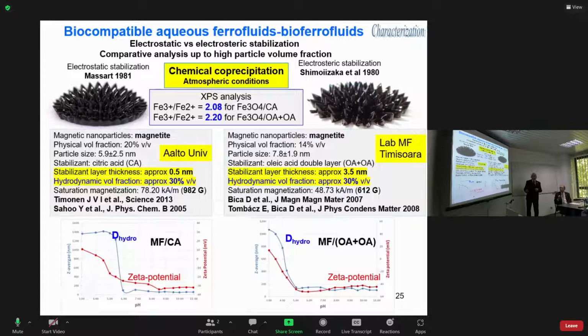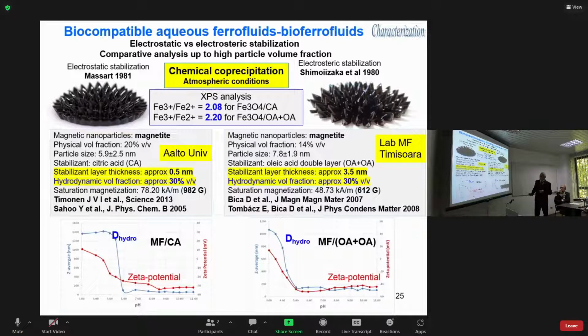Up to the highest concentration achieved until today, or 2 years ago, or 4 years ago, excuse me. Actually, in publications, these are the most concentrated samples prepared anyhow until today. So the electrostatic stabilization achieved about 1,000 gauss, which is very high for water.